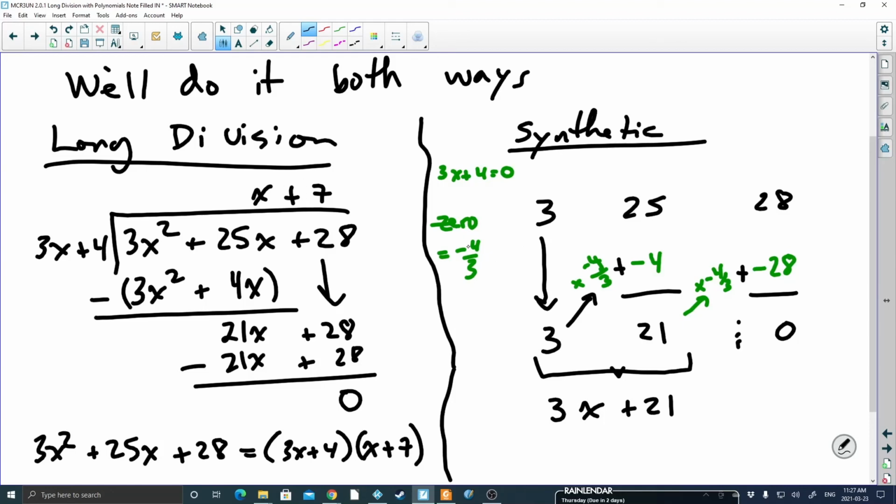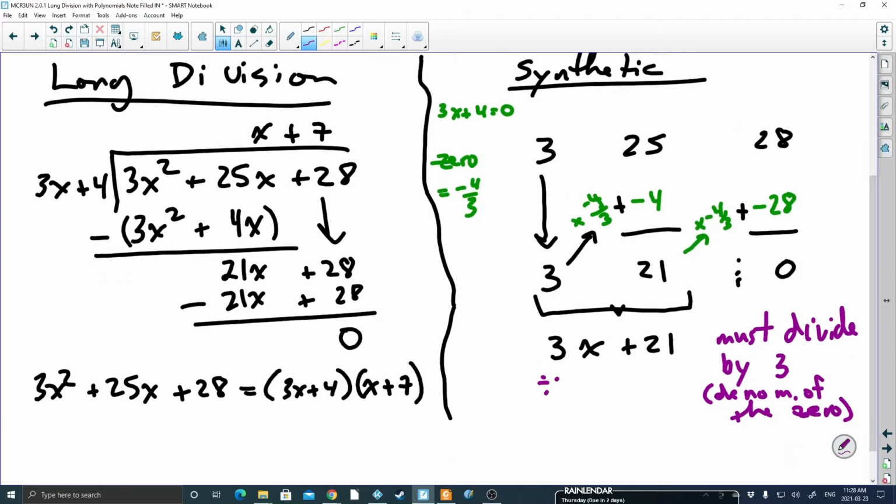And when you have a 0 that has a fraction, at the very end, you must divide these coefficients by the 3, which is the denominator of the 0, to get your final answer.